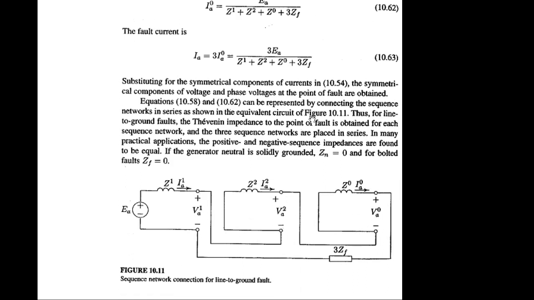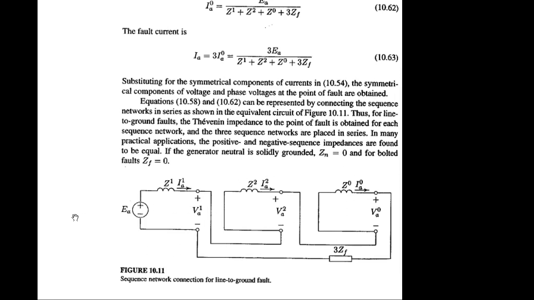And also 3ZF, through this path. So they are in series, and you will have the current IA naught, with the EA source. So this equation can be drawn as a circuit in this orientation.